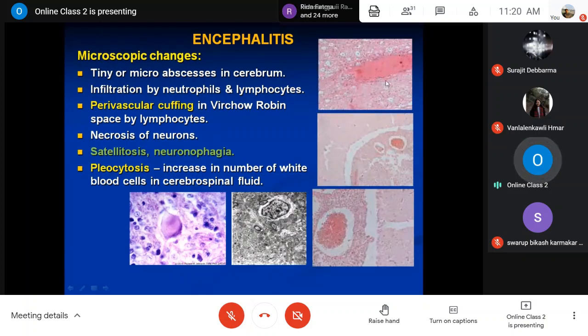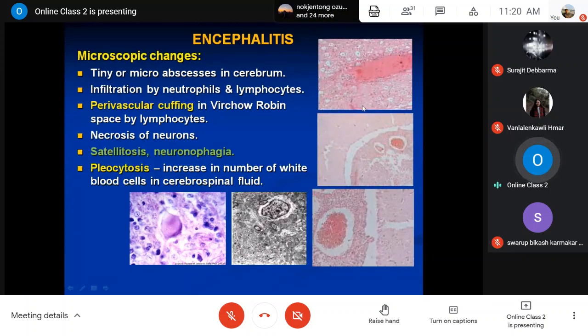This very particular cuffing, or infiltration or presence of mononuclear inflammatory cells, the lymphocytes, is termed perivascular cuffing. Peri means around, vascular means the vessel, so just around the vessel, aggregation or infiltration of lymphocytic mononuclear cells is known as perivascular cuffing.